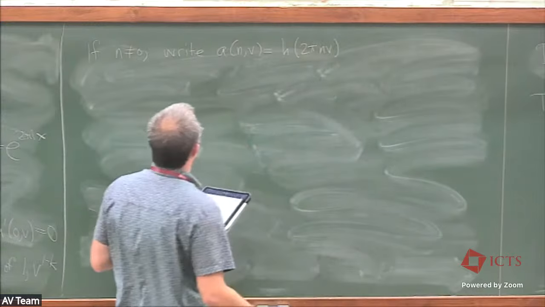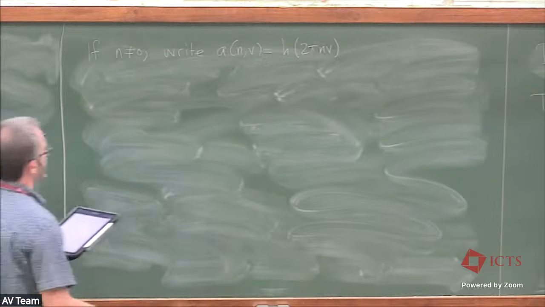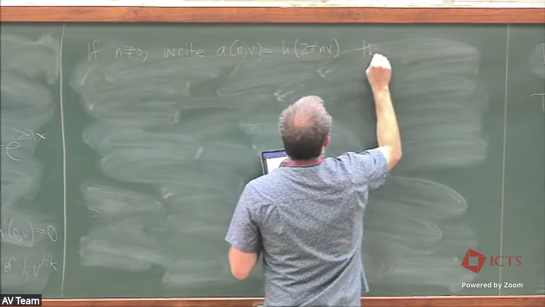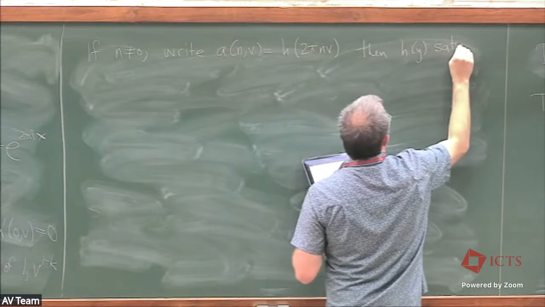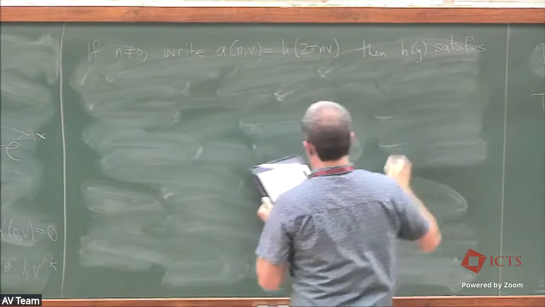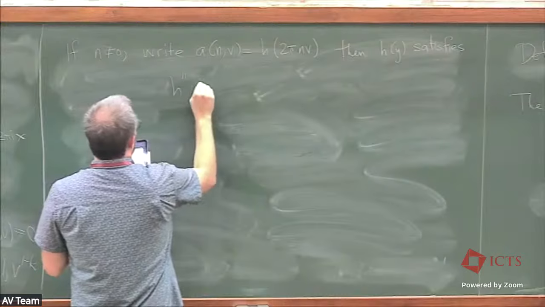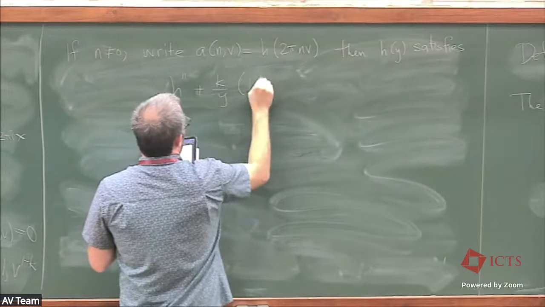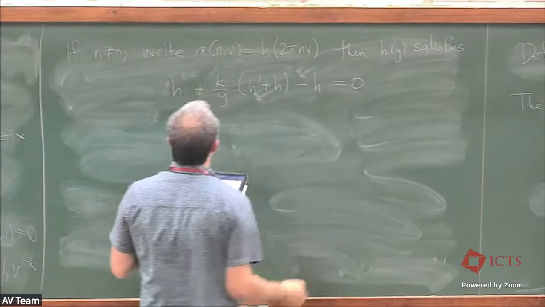It's not clear from the outset that you should even be able to do that, but after you do this calculation, you'll see that this is really the right thing. Then h(y) satisfies the following differential equation: h'' + (k/y) h' + h - h = 0.